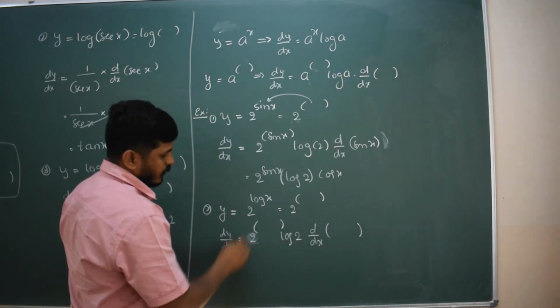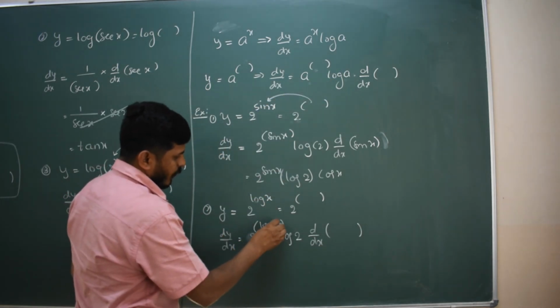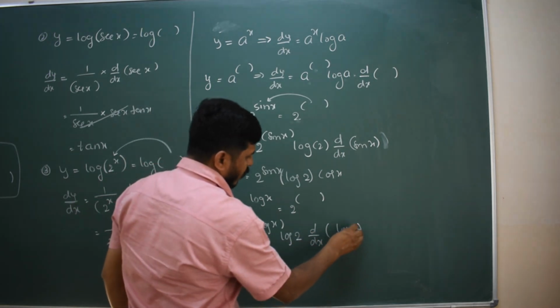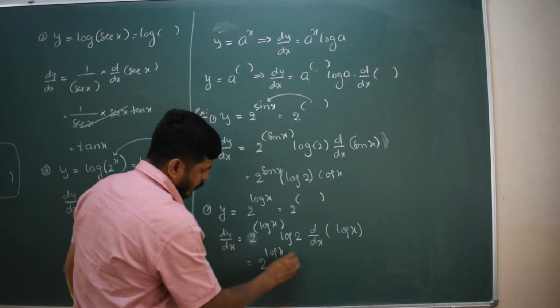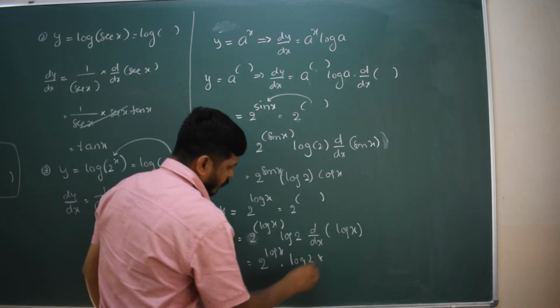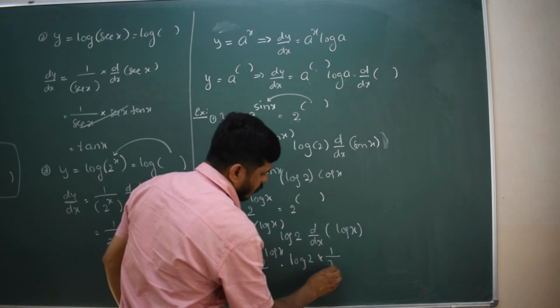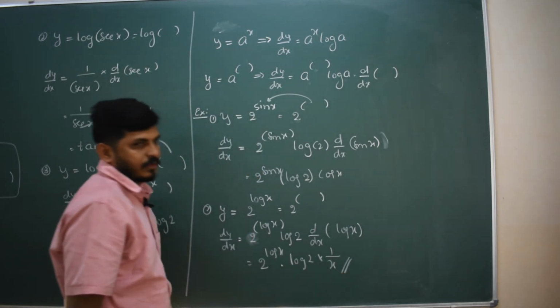In the place of something, we have log x. That's equal to 2 raised to log x into log 2 into differentiation of log x, which is 1 by x. This is the differentiation.